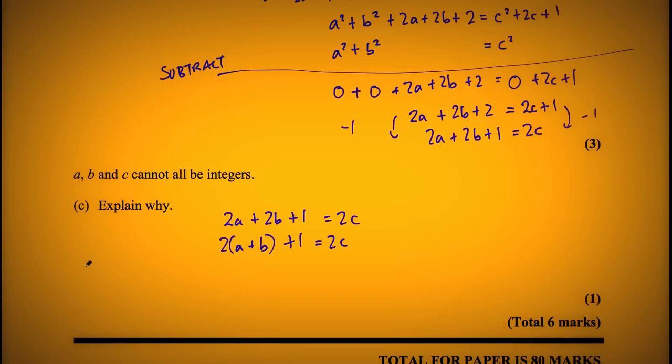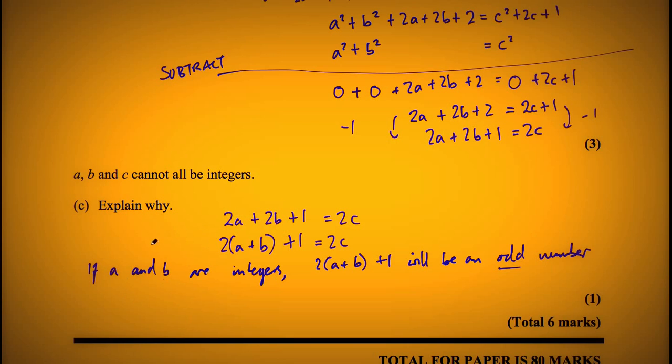So let's say if a and b are integers, 2 times a plus b, plus 1 will be an odd number, therefore 2c would be an odd number, and c cannot be an integer.